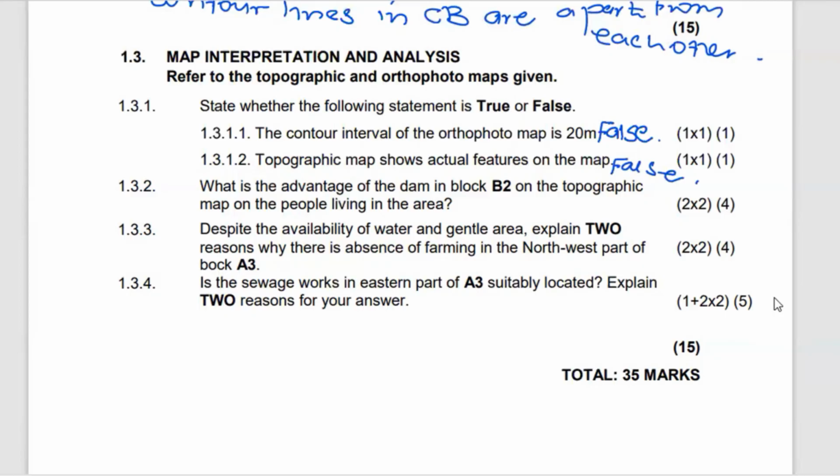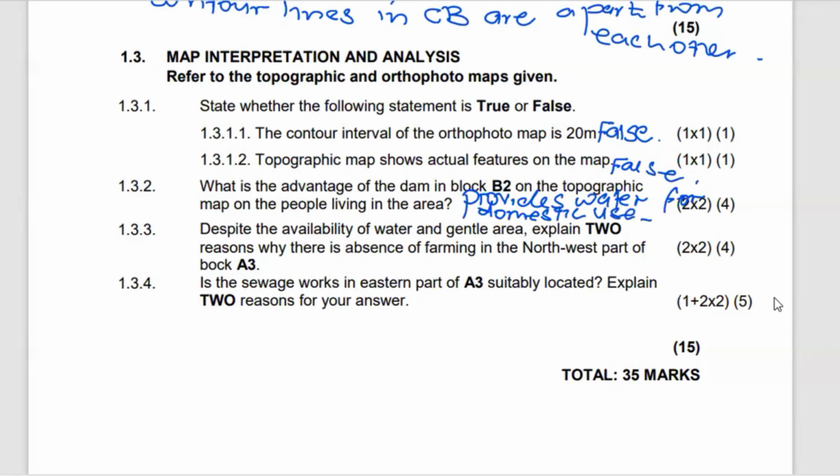What is the advantage of the dam in block B on the topographic map on the people living in the area? First and foremost, it provides water for domestic use. All right.